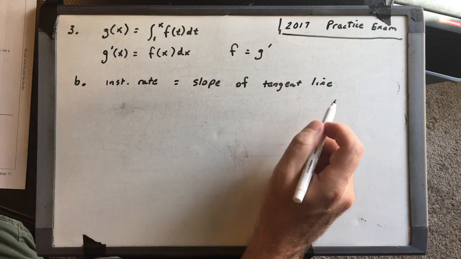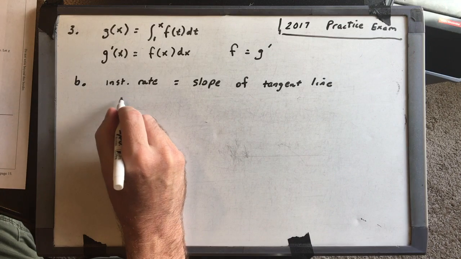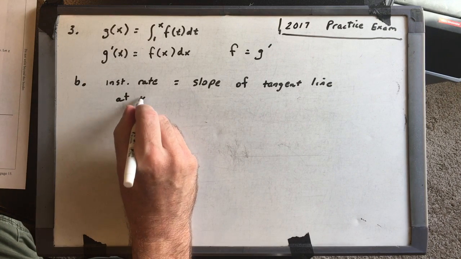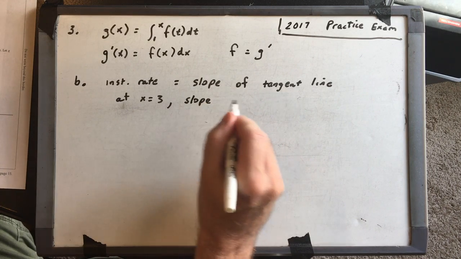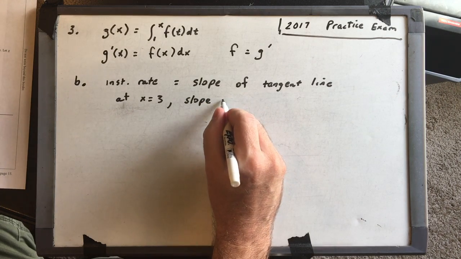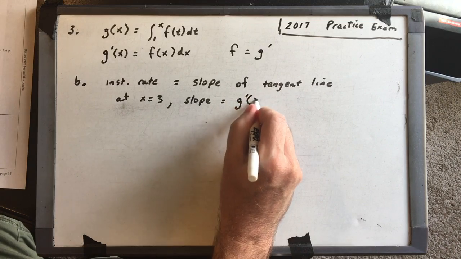Well, at x equals 3, the slope of the tangent line would be g prime of 3.